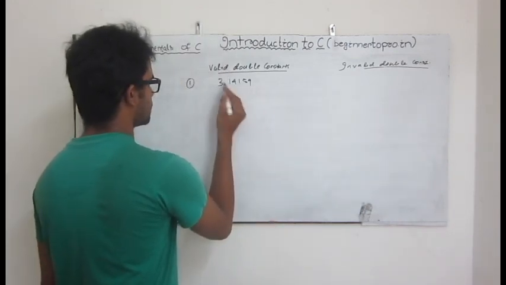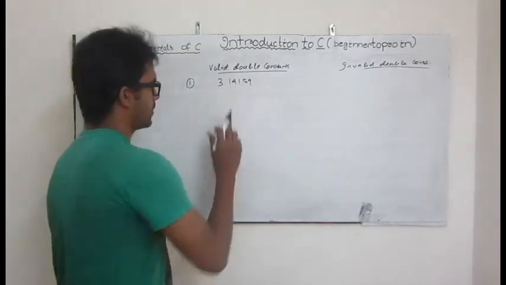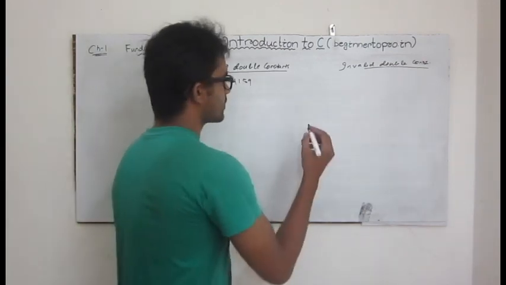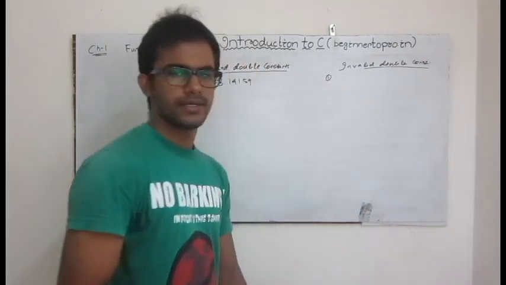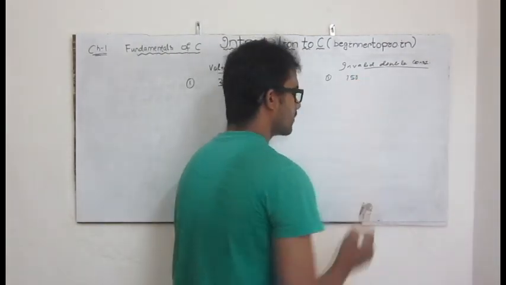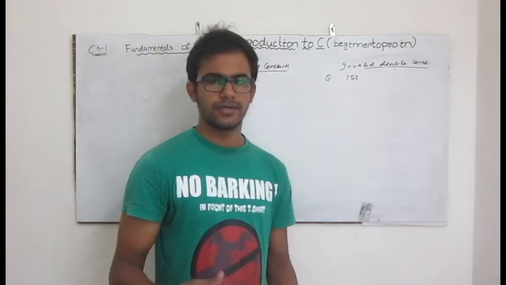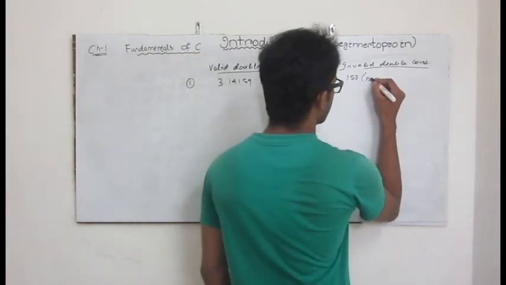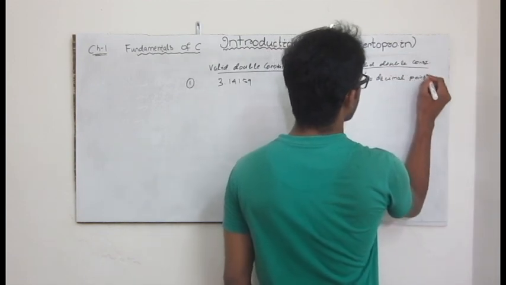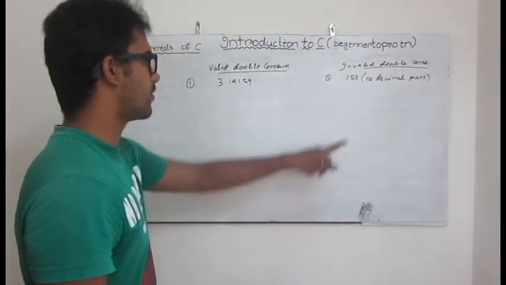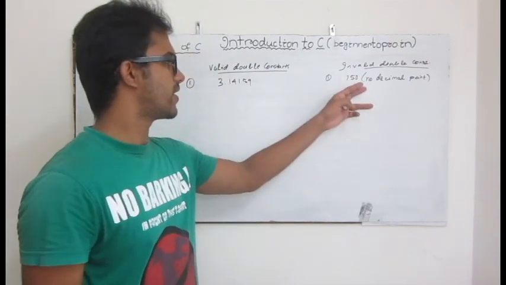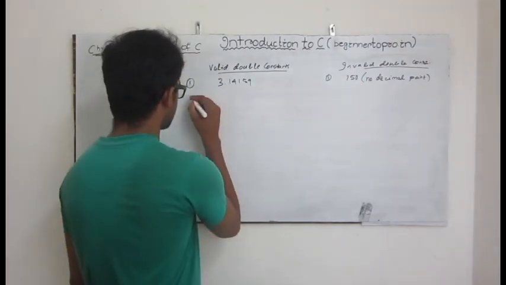Before the decimal there is a number, and after the decimal also numbers are present, without any comma. Similarly, on the other side, the example is 150. No decimal point. It is invalid because 150 is an integer type value, not a double type value. That's why it is an invalid double constant here.